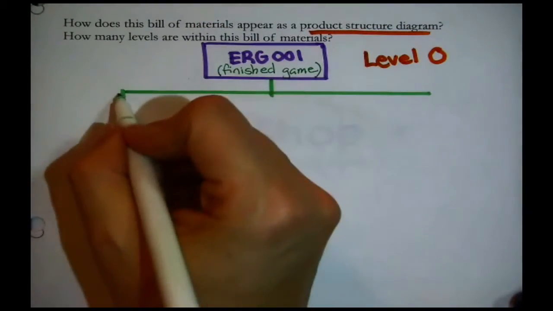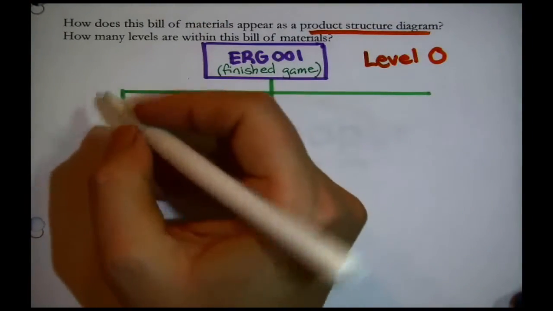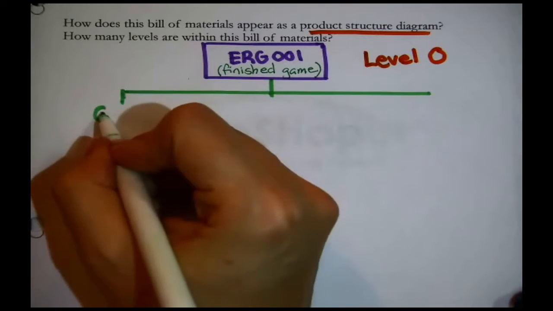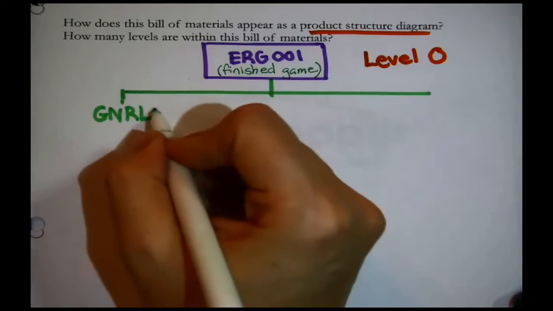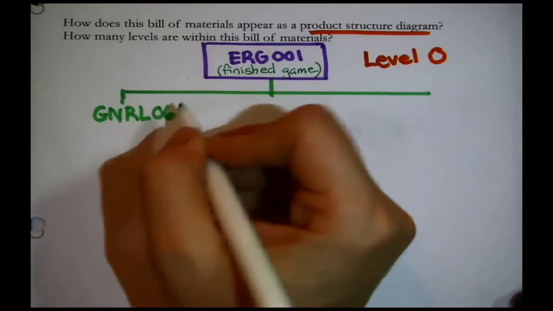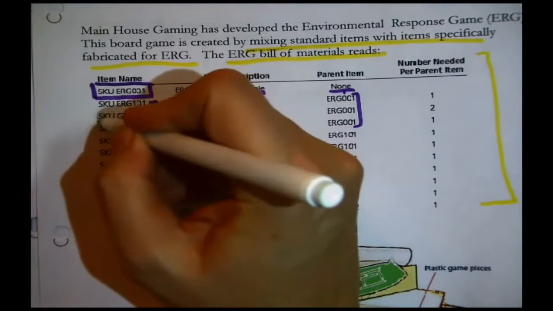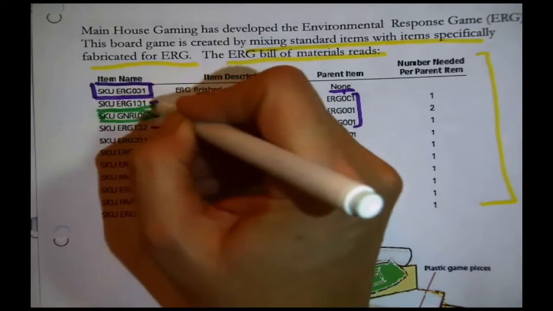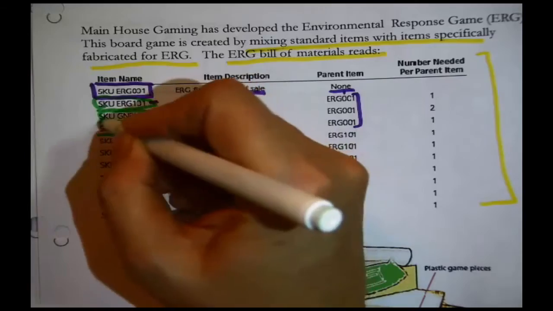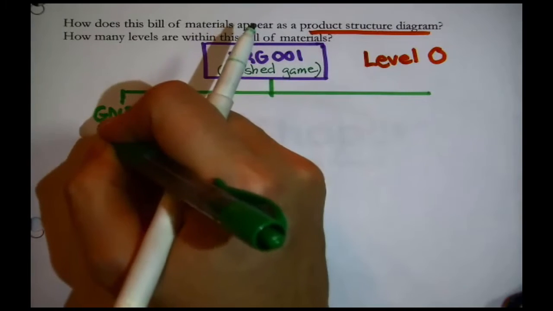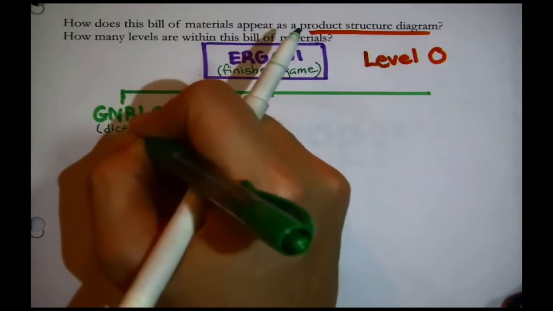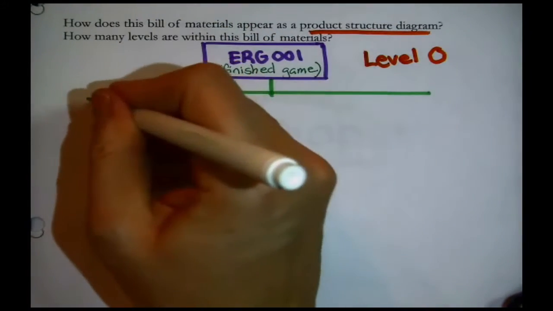I'm actually going to put the dice on the end. GNRL06, that was just the designation here. Although, you know, that's not very intuitive. General merchandise, but what is 06? This is the dice. Gonna put a frame around it.